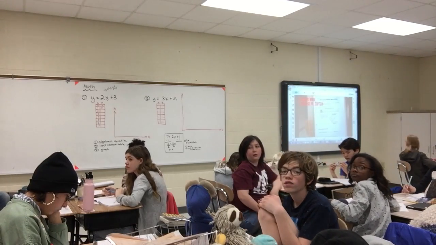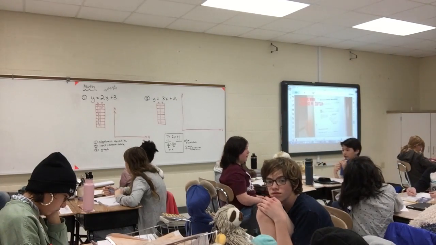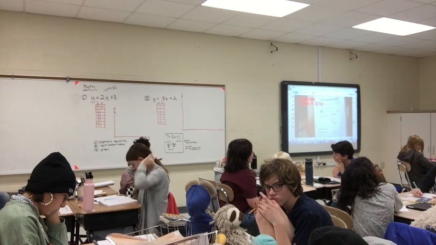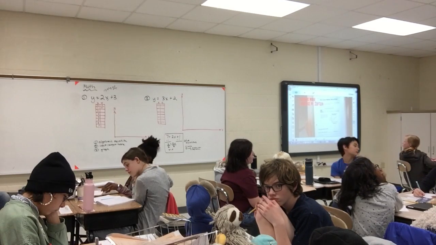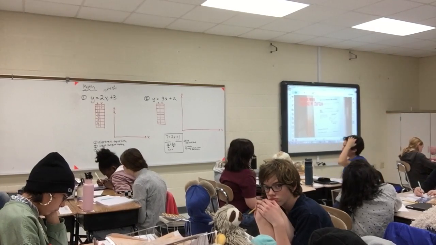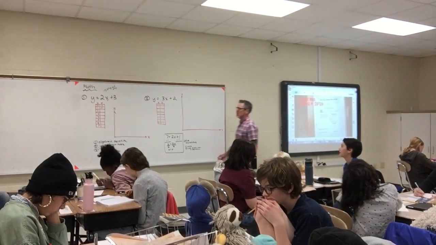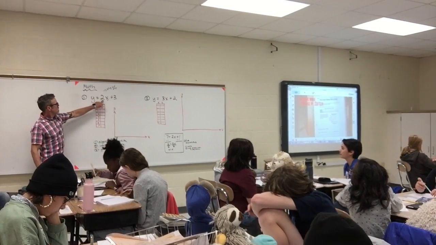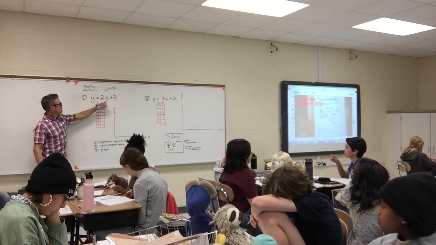So, have you noticed that the x's are going up by 1 and the y's are going up by 2? Can someone tell me why? Nat, why? Well, the x's are going up by 1 because we chose for them to, and the y's are going up by 2 because there's the 2x.